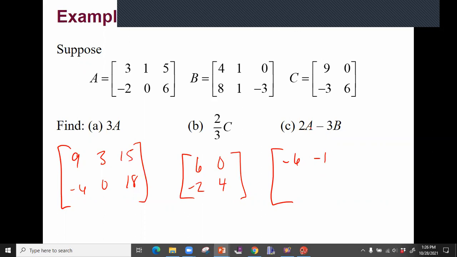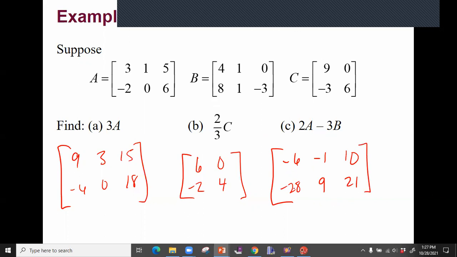Then we had 10 minus 0, which is just 10. Then negative 4 minus 24, which gives us negative 28. Then 0 minus plus 9, which is 9. And then we had 12 plus 9, which is 21.